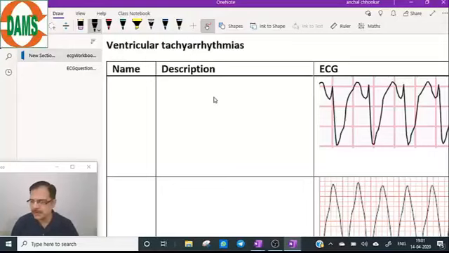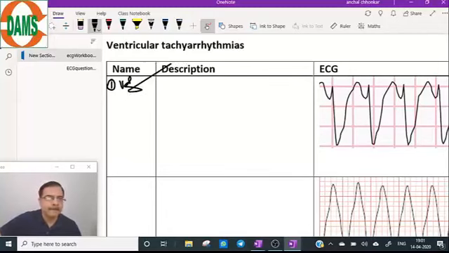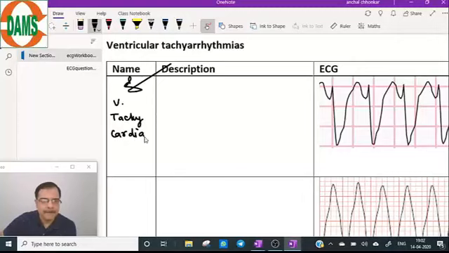So starting with the first one, number one, it is ventricle tachycardia.